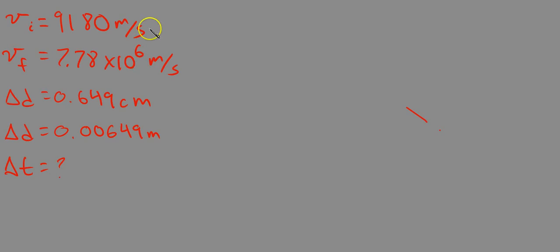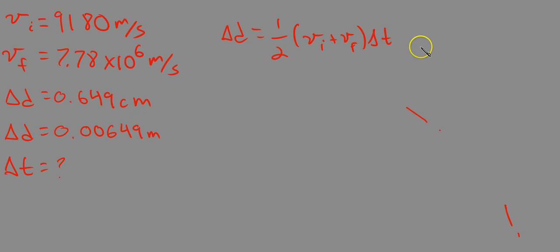Now, this looks scary just because the numbers are really big or really small, but it really is just like any other question. So looking here, I know my two velocities, I know my distance, I'm looking for time. I'm going to use the equation, my distance is equal to half my average velocity, so VI plus VF, all times my time taken.